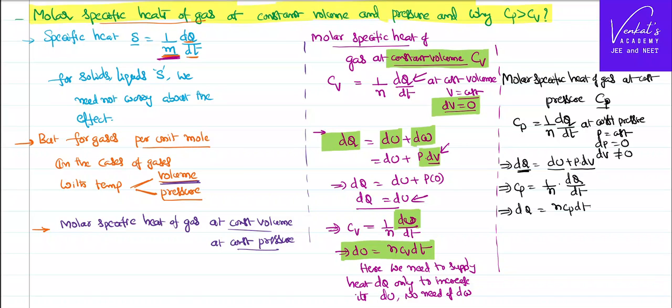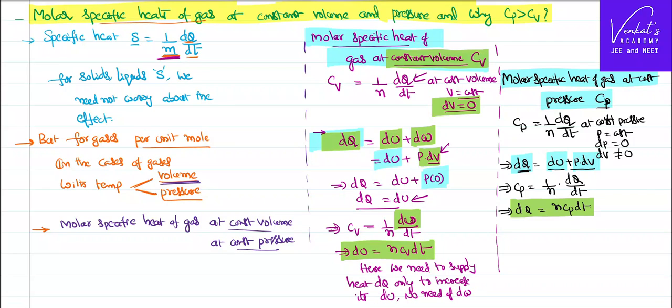I want you to understand one point very carefully here. In the case of molar specific heat of gas at constant volume, we need to supply heat only to increase internal energy, no need of doing any external work. But in the case of molar specific heat of gas at constant pressure, we need to supply heat energy not only to increase internal energy, but also to do external work.